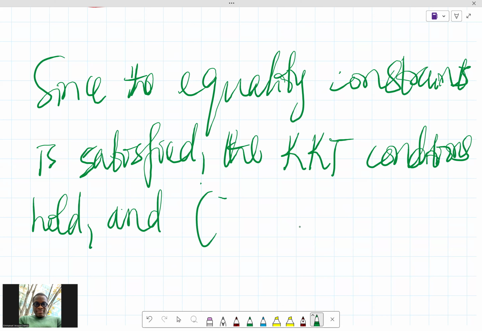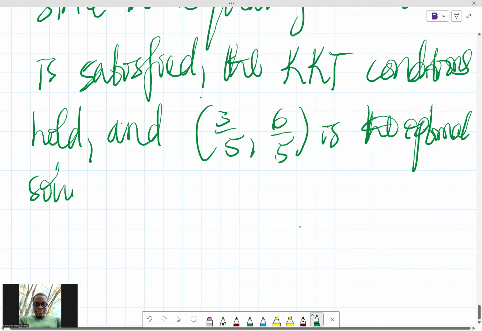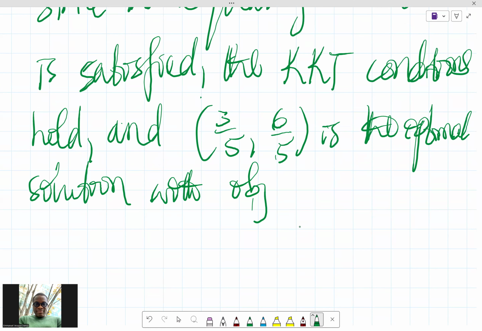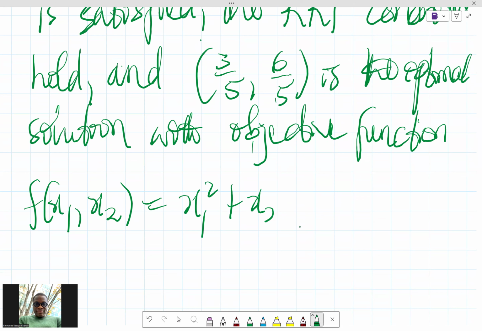And 3 over 5, comma 6 over 5 is the optimal solution, with objective function, if you remember, the objective function is f of x1, x2 equals x1 squared plus x2 squared.